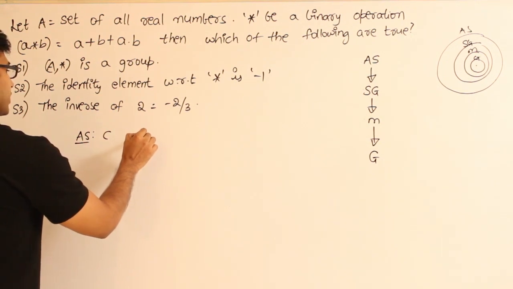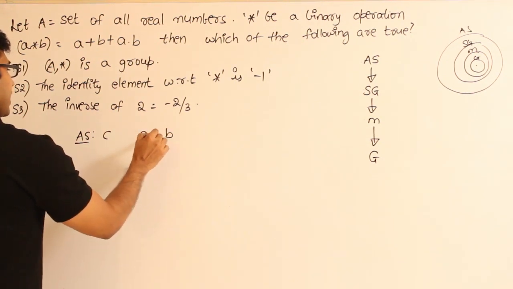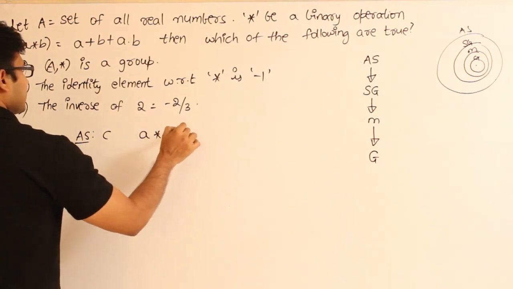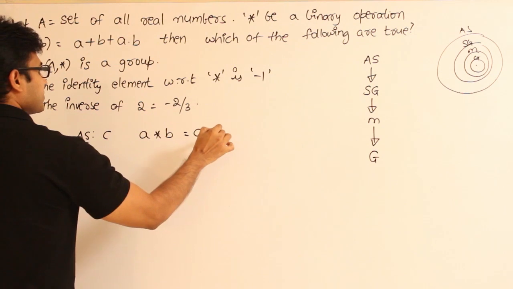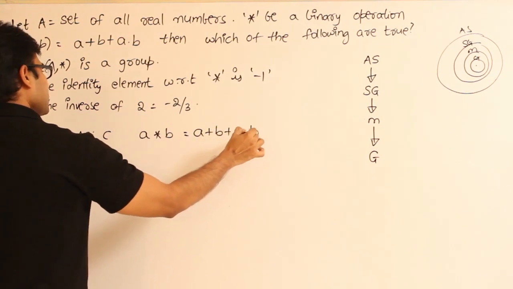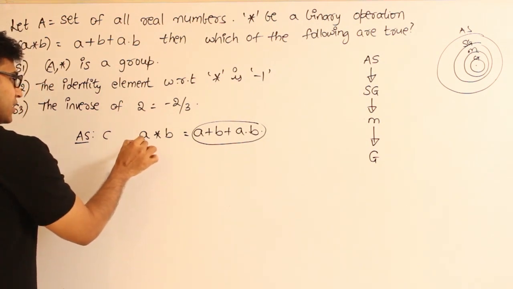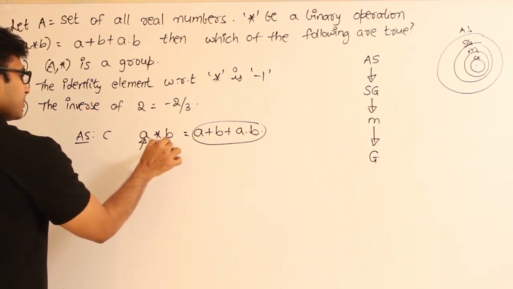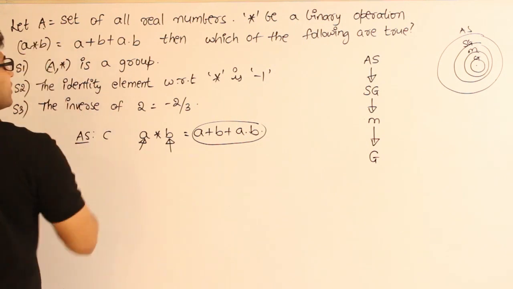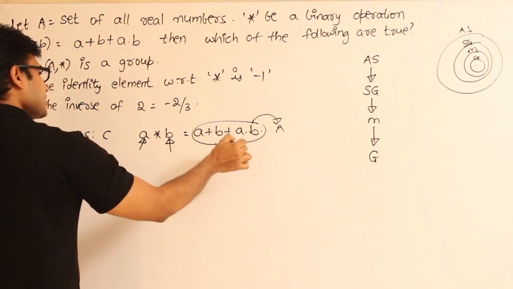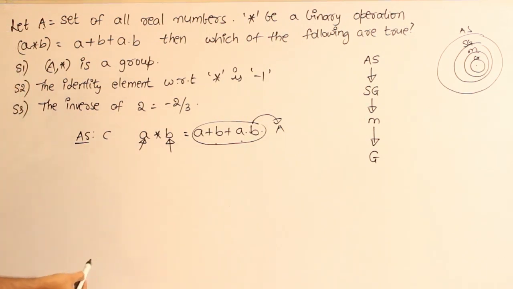If I take two real numbers a, b, and if I apply star, then the result in this case is a plus b plus ab, right? So the result also has to be real numbers, which means if I take two numbers a and b from the set capital A, then the result also should belong to the same set capital A, which means the result also should be a real number.